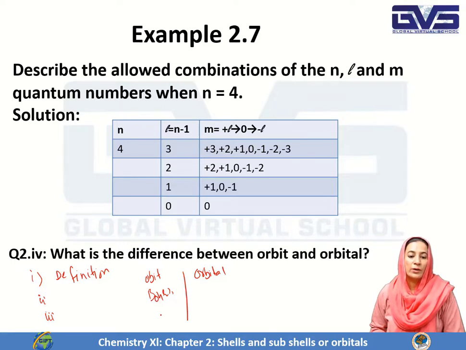The number of electrons in orbits maximum can be calculated with the help of 2n square, while for an orbital the maximum number of electrons is 2. So you can give these points while writing the differentiation between orbit and orbital. This question is usually of 3 marks, a short response question.